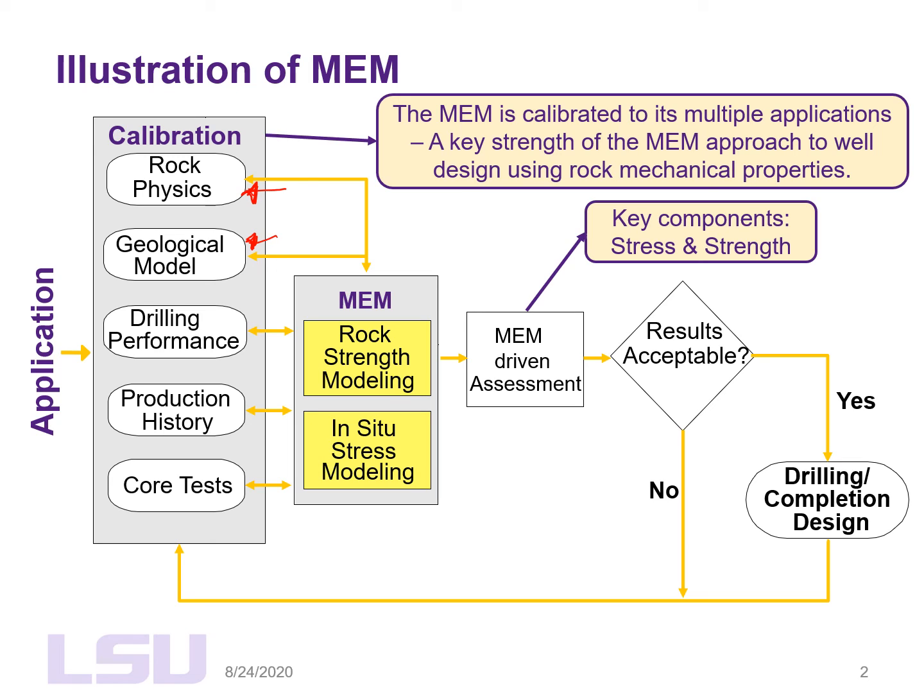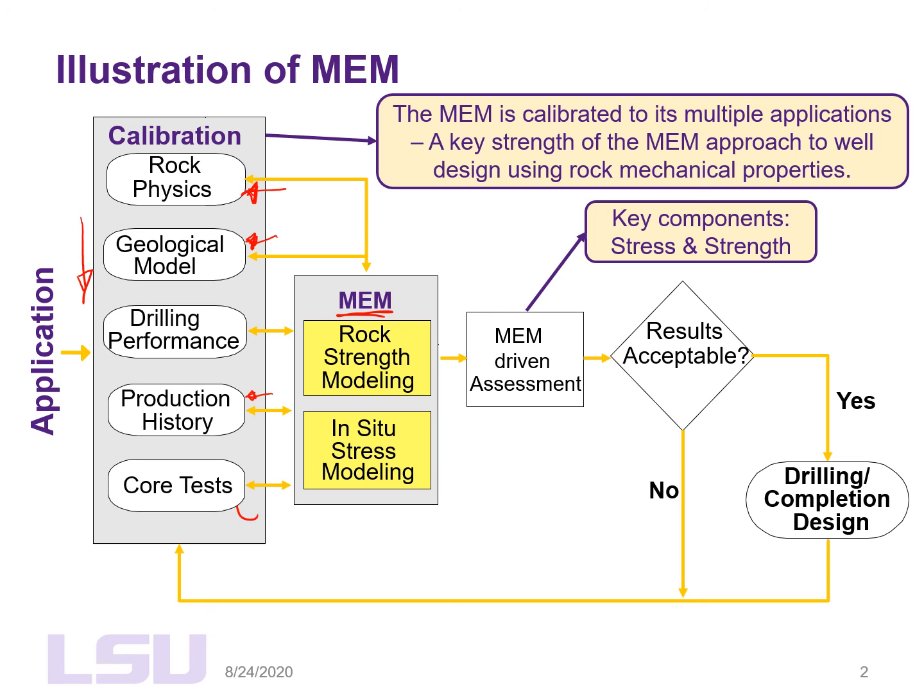Then we start to produce from the reservoir. And during production, we obtain actual data. And we also compare the data with what the model predicted, and we calibrate our model. So our mechanical earth model gets more accurate as we proceed further in the development stage of your field. And that's basically the moral of the story here.